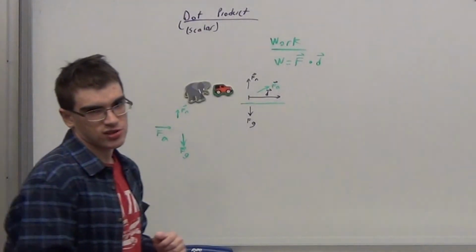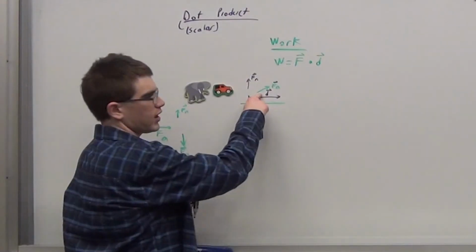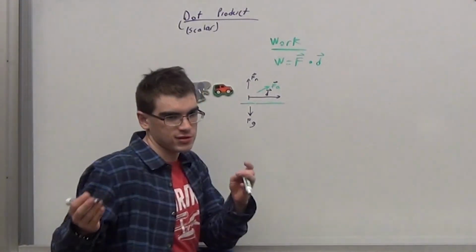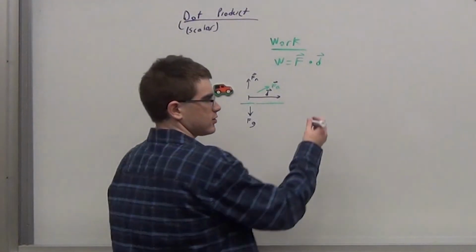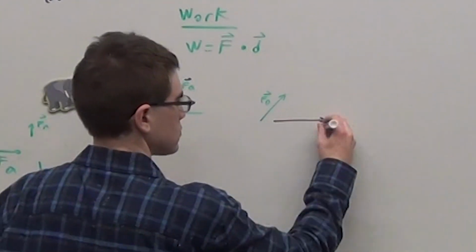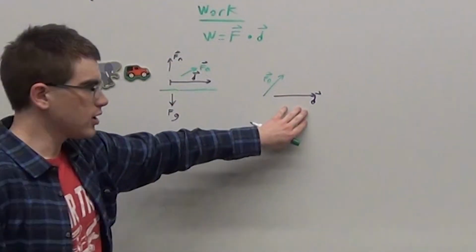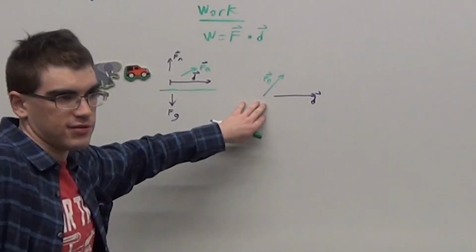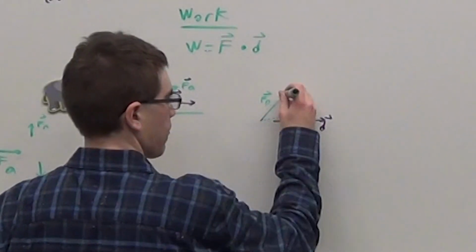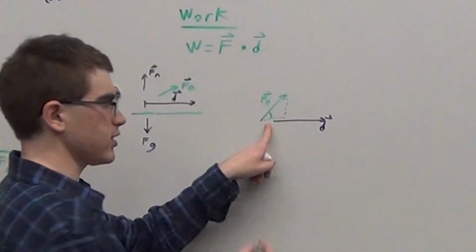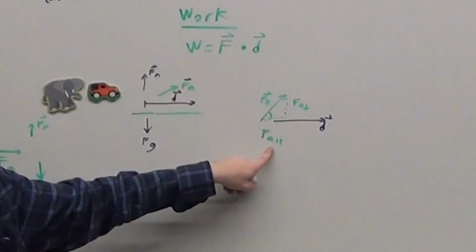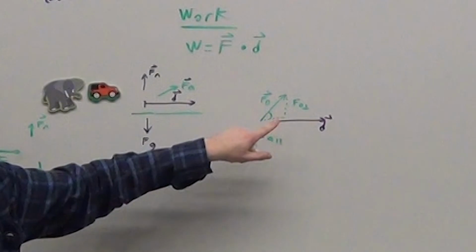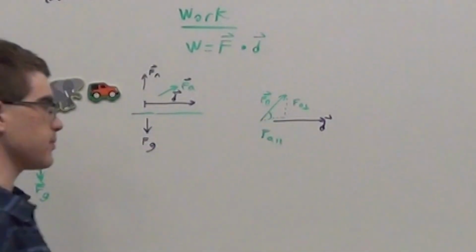The work is not just the magnitude of the force anymore, it's just the parallel component. So if we were to look at our force applied vector and our displacement vector, we will only want to resolve the component of the applied force that's parallel to our displacement. We will only want the parallel component. Well, the parallel component would just be equal to the magnitude, FA, times the cosine of the angle between them.